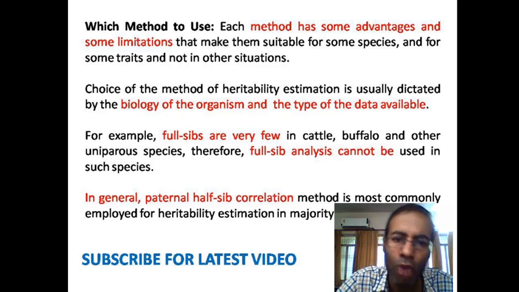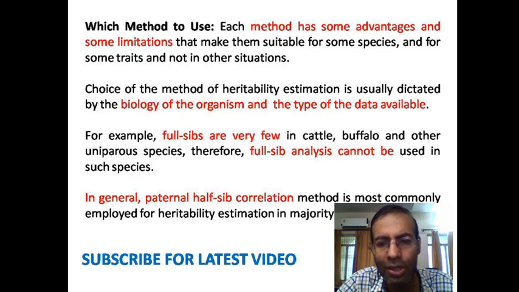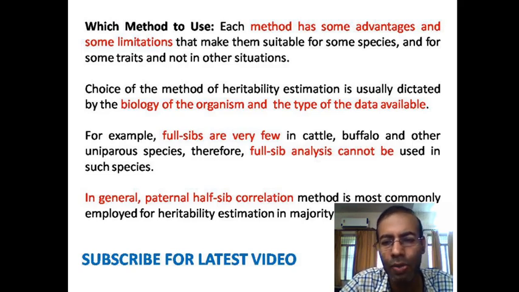So the biology of the organism of a species and the type of data available, whether parent generation data is available or not, all these things we will have to consider for adopting a method. For example, full sibs are very few in cattle and buffalo and other uniparous species.